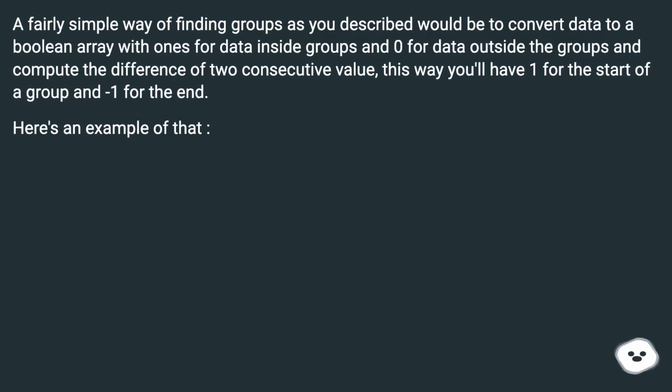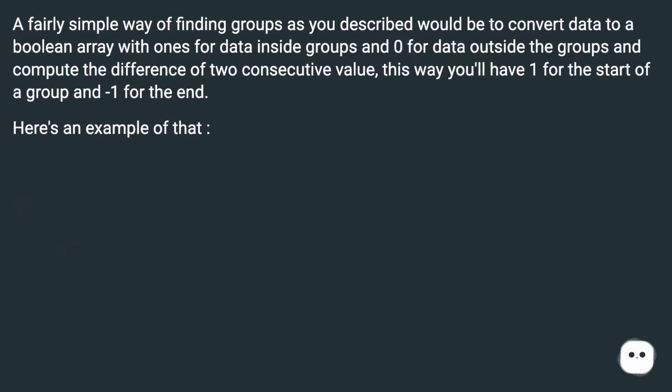A fairly simple way of finding groups as you described would be to convert data to a Boolean array with 1s for data inside groups and 0 for data outside the groups, and compute the difference of 2 consecutive values. This way you'll have 1 for the start of a group and -1 for the end.